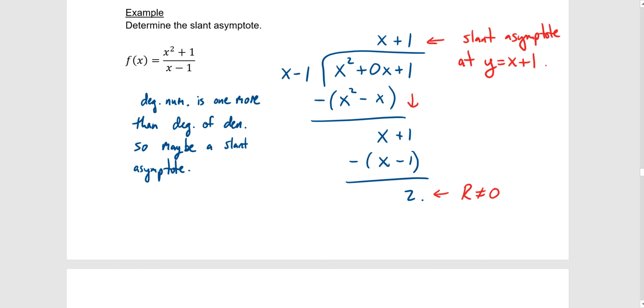Okay, so that only can happen if the degree of the numerator is 1 more than the degree of the denominator, which means numerator, larger degree than denominator, no horizontal asymptote, but maybe a slant asymptote. So you can see how we can't have both of them at the same time.